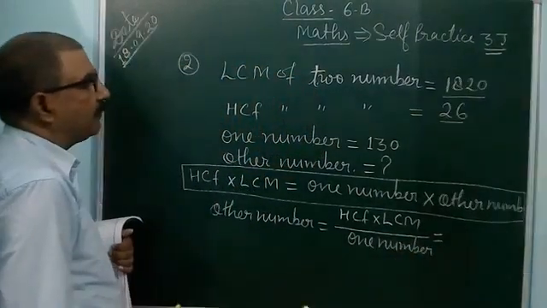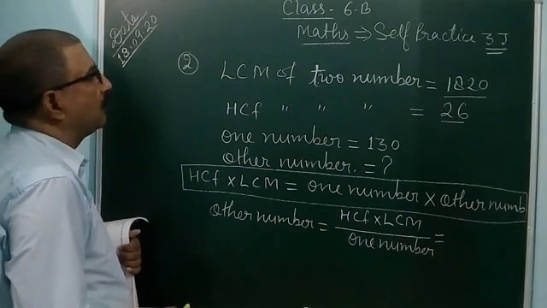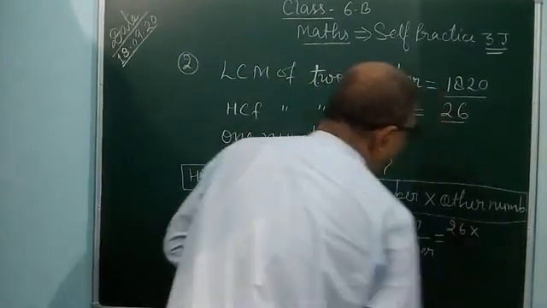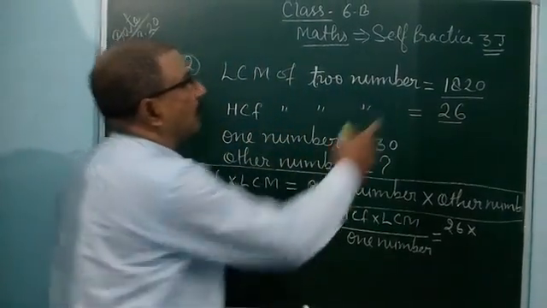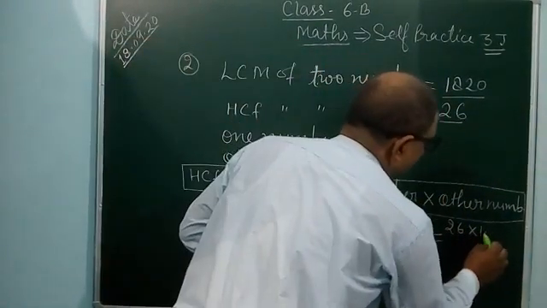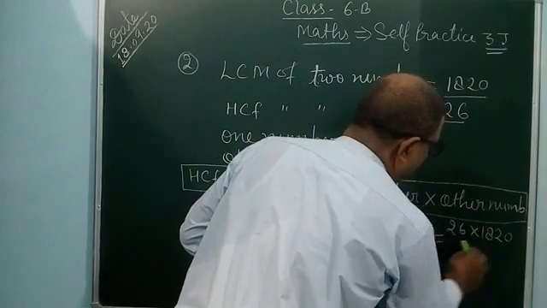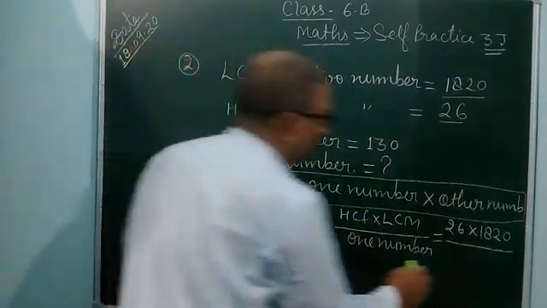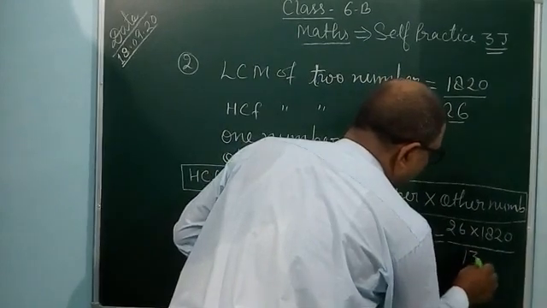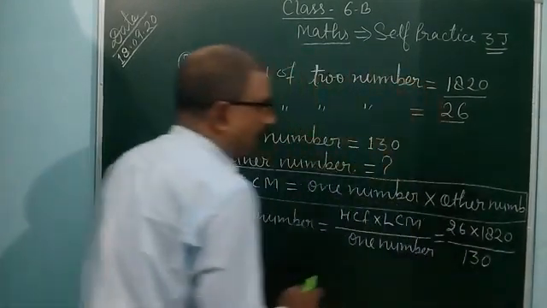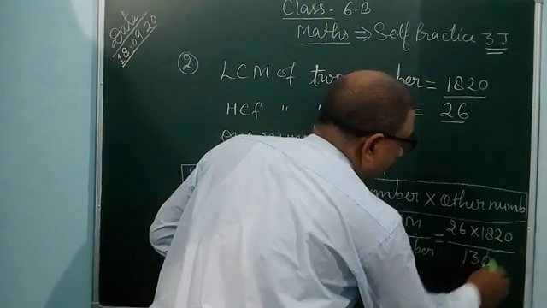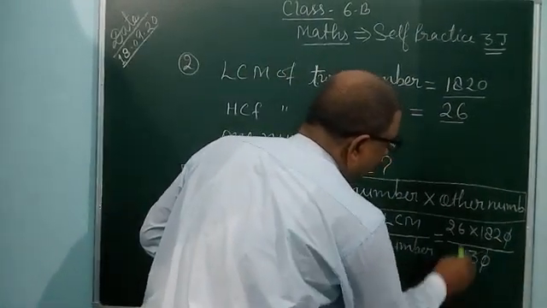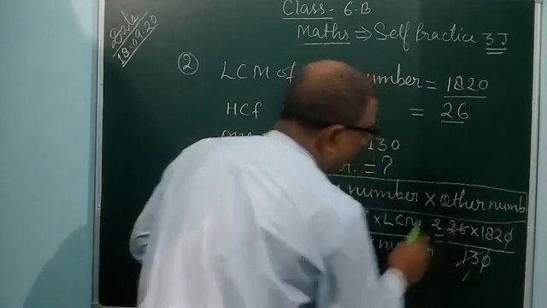So HCF is 26 multiplied by LCM 1820, upon one number 130. You can see the 0 cancels, and 13 ones are 13, 13 twos are 26.